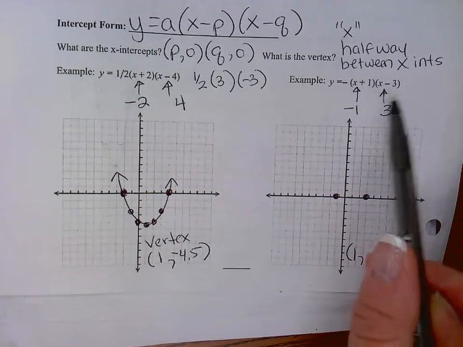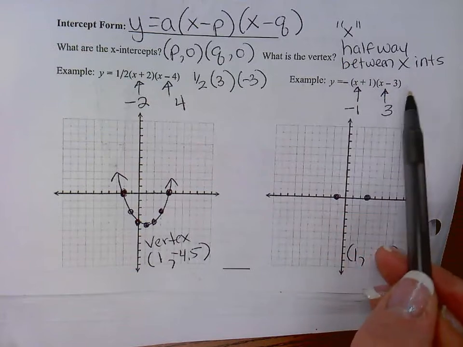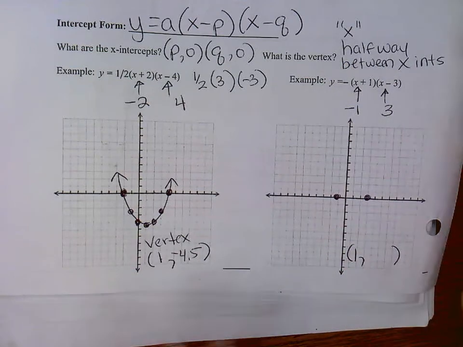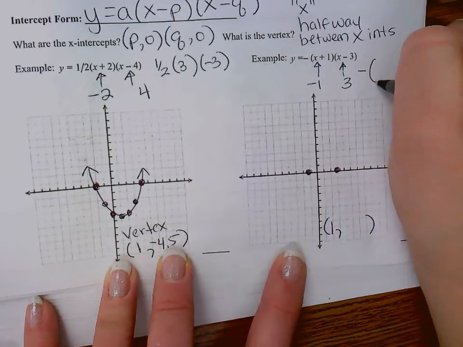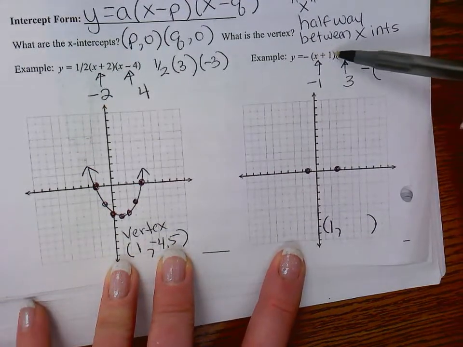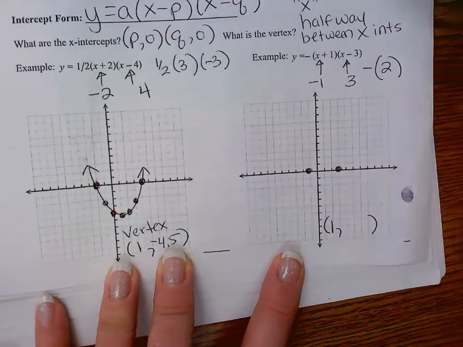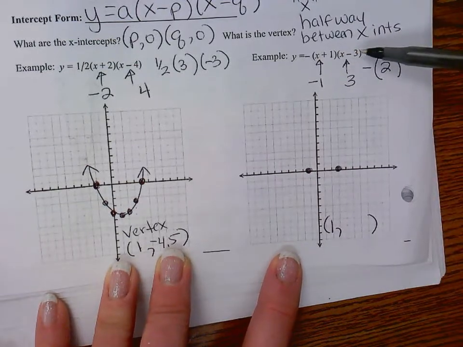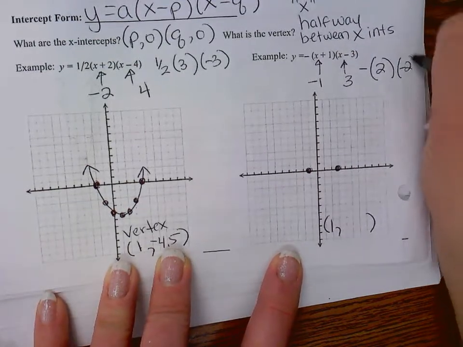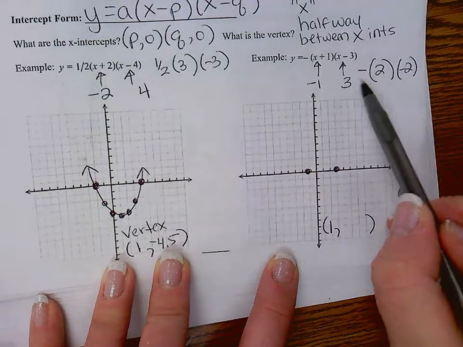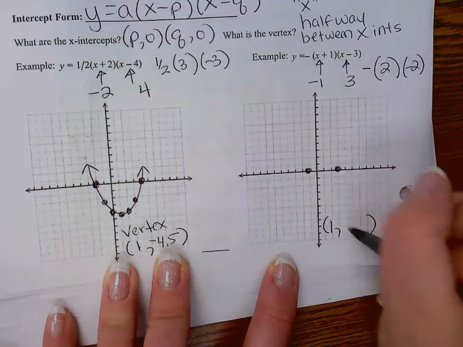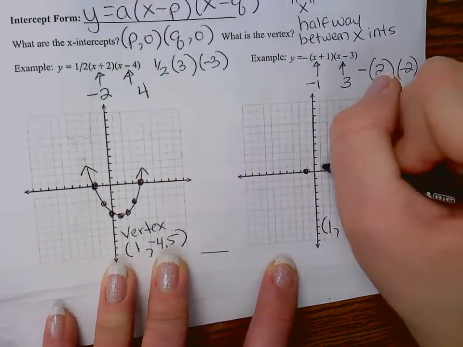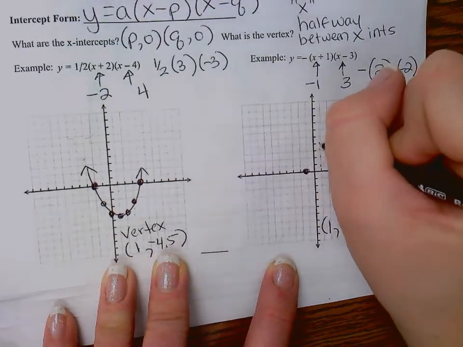I have to plug 1 in up here to calculate the y value. So -1 times, so I'm plugging in 1. 1 plus 1 would give me 2. And then 1 minus 3 would give me -2. And it looks like I'll have +4 then, right? Because -2 times -2 is +4 for my vertex. 1, 2, 3, 4.